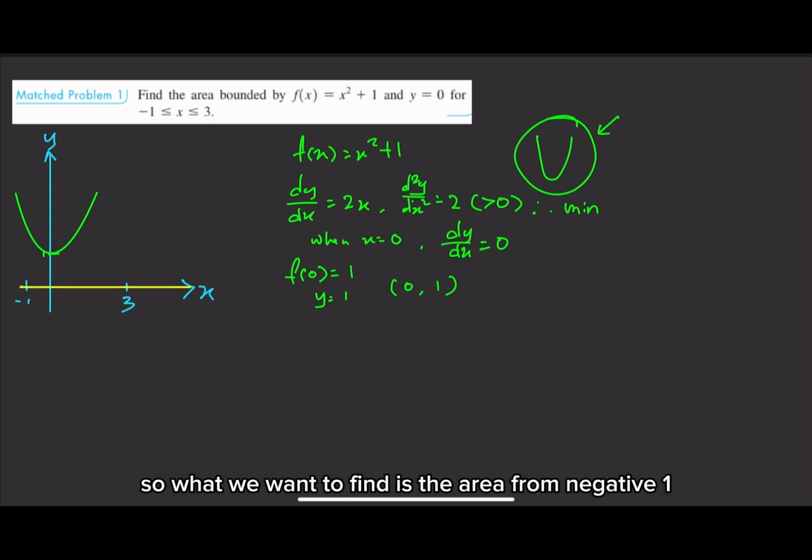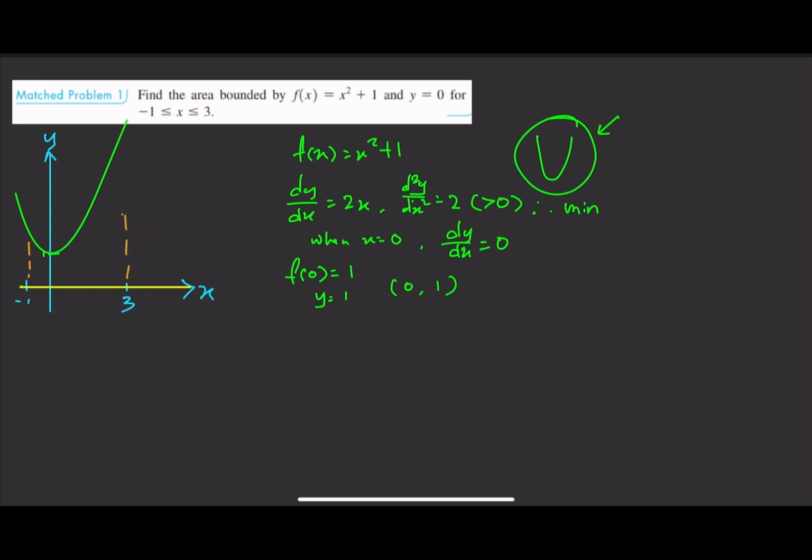So, what we want to find is the area from -1 to 3. Now, let me extend. I know this looks bad, but I'll just make do with what I can. So basically, you are trying to find this area here, right?